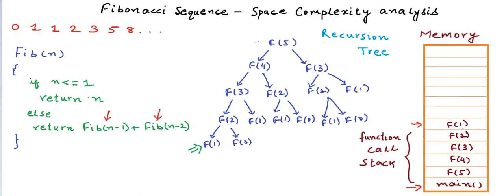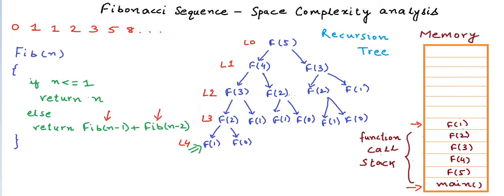So if this is level 0 in the tree and we go down by one arrow, then this is L1, level 1, and then we go down by another arrow, so it is L2, and we go on like L3 and L4. So the maximum depth in this case is the path from L0 to L4, which is 4 units, and the number of function calls in this path is 5. Sorry, the number of function calls is 5, and the maximum memory consumed is 5 units.